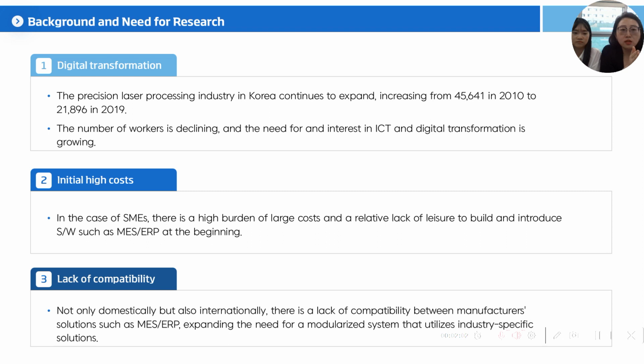But in the case of SMEs, small and medium enterprises, there is a high burden of large costs and a relative lack of leisure to build and introduce software such as MES and ERP at the beginning. Not only domestically but also internationally, there is a lack of compatibility between manufacturers' solutions such as MES and ERP, expanding the need for a modularized system that utilizes industry-specific solutions.